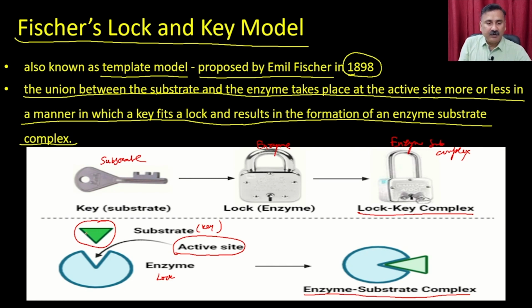So for example, some of the groups present on the substrate should match with the groups on the active site, and that's how they make a tight complex and form the enzyme substrate complex. So this is the model proposed by Emil Fischer in the year 1898.